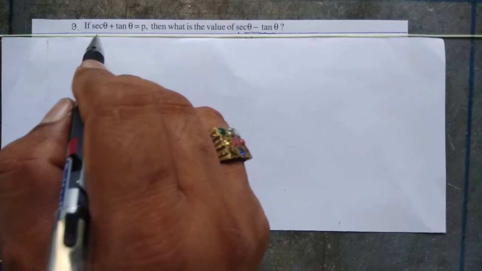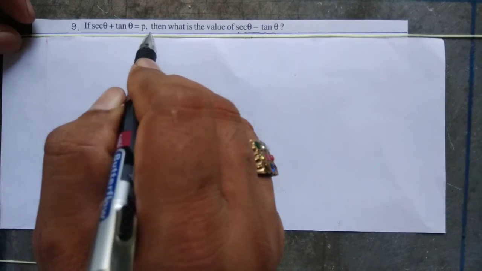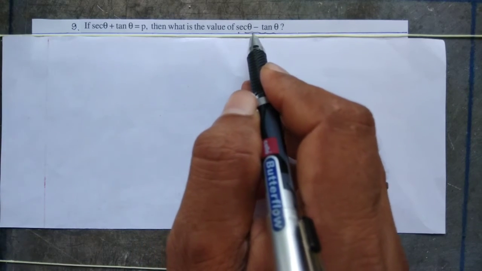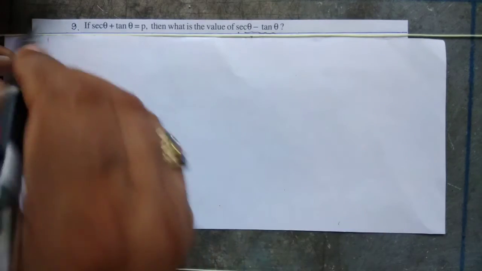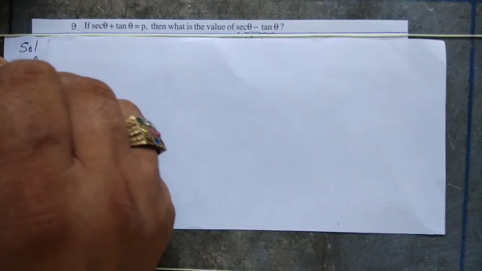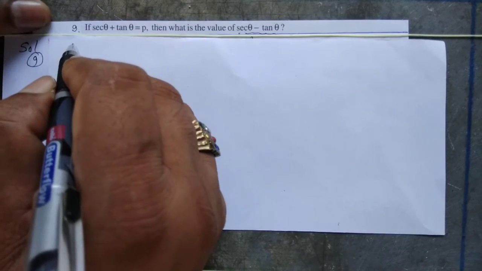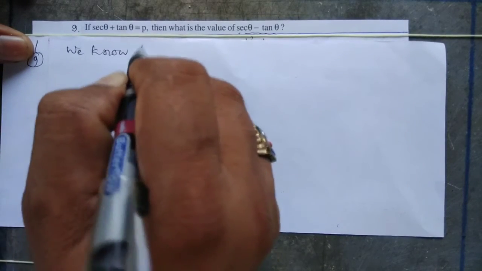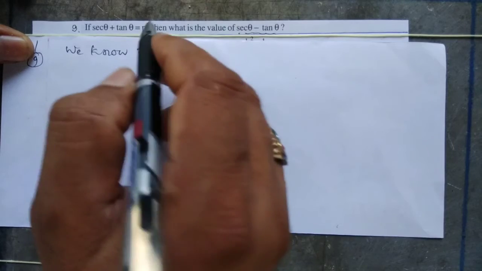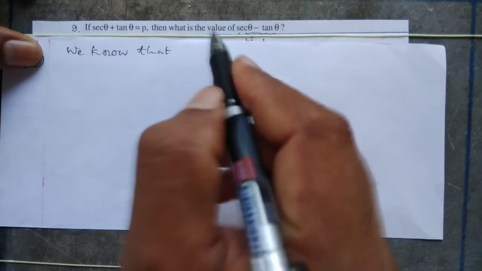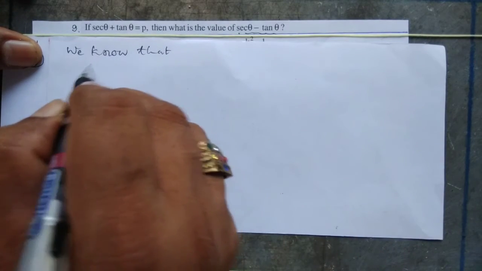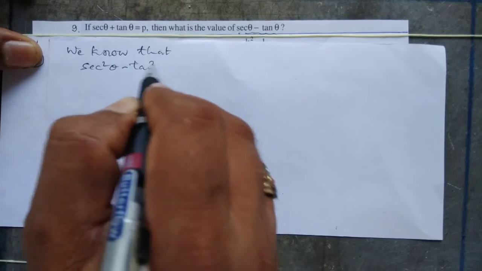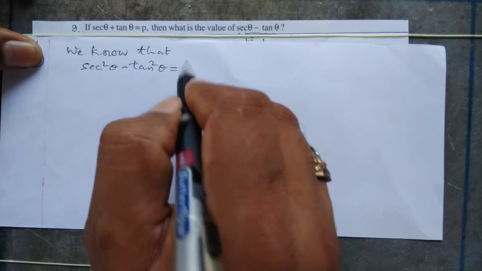Question number 9. If sec theta plus tan theta is equal to p, then what is the value of sec theta minus tan theta? Solution for 9th problem. We know the relation between sec theta and tan theta formula: sec square theta minus tan square theta is equal to 1.